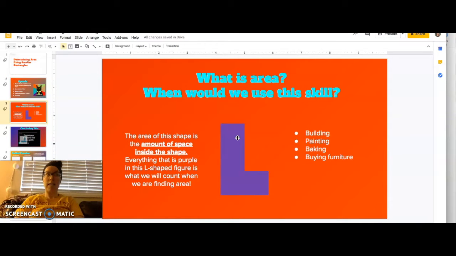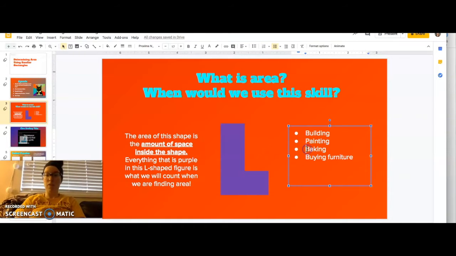If an architect doesn't find the area of the building first, it might not fit on that city block, right? What about a painting? Not like a painting for art, but what if I was painting like a wall, right? I would have to find the area of the wall to make sure that I had enough paint to cover the whole wall. Same with if I was doing tiles on a floor, right? I wouldn't want to run out of tiles. Then I'd only have half the floor tiled.